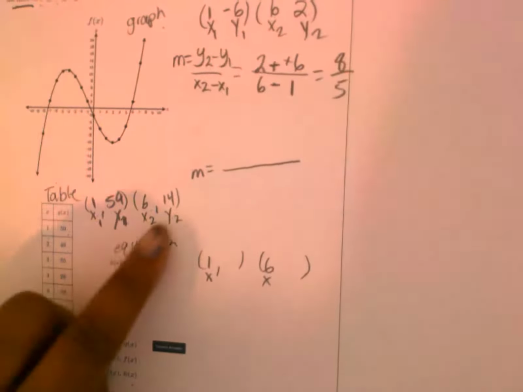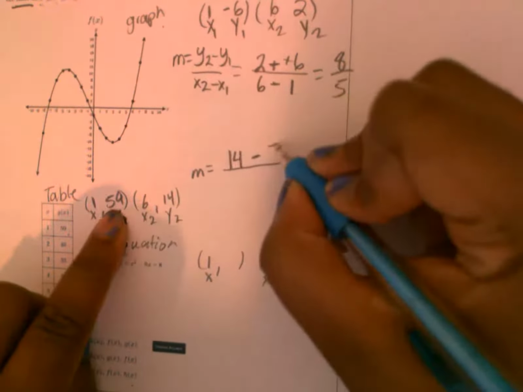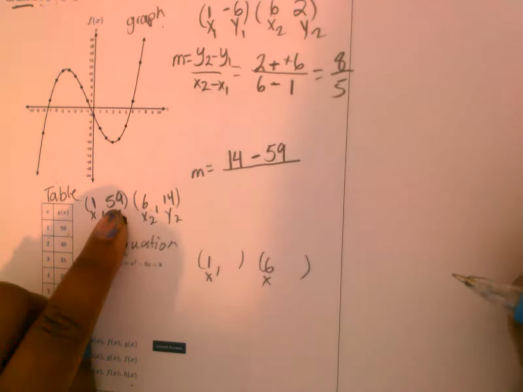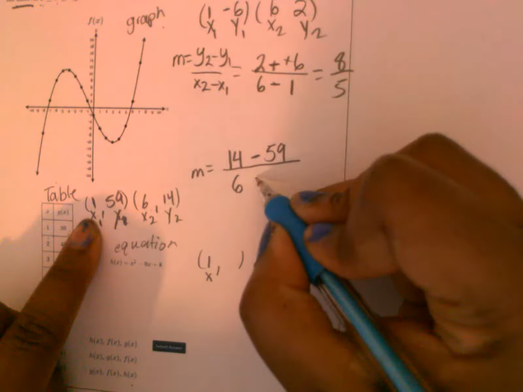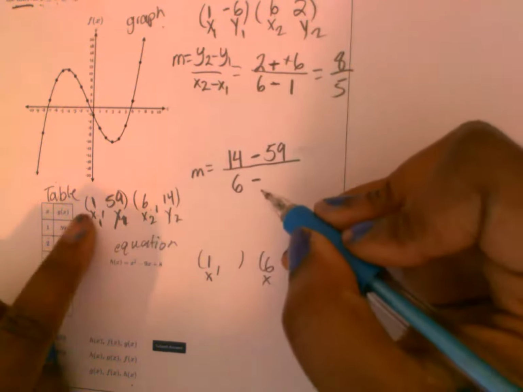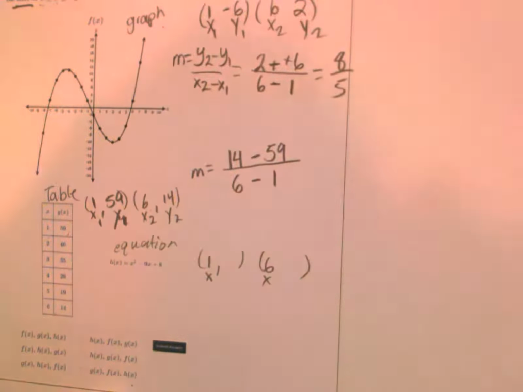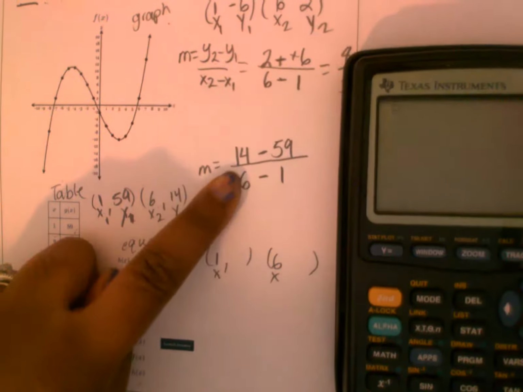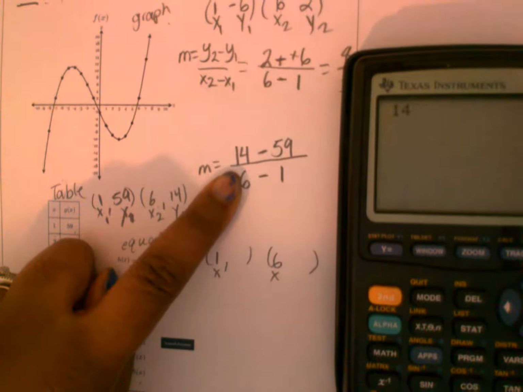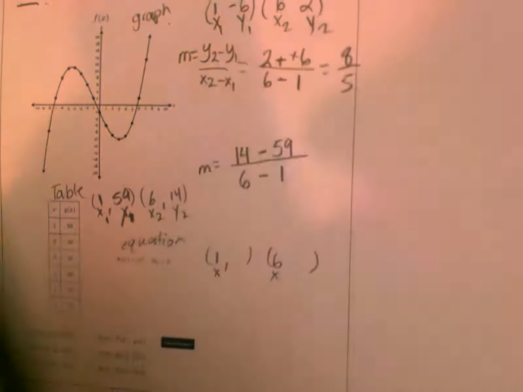On the top, we got 14 minus 59, and then we got 6 minus 1. Okay, so here, I'm going to use my calculator real quick. I got 14 minus 59, which gives me, look, negative 45.